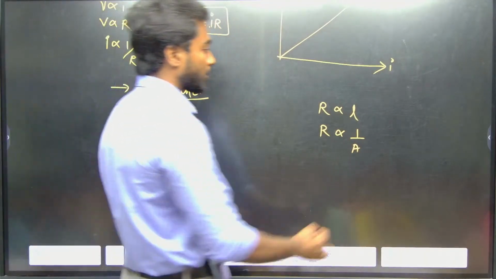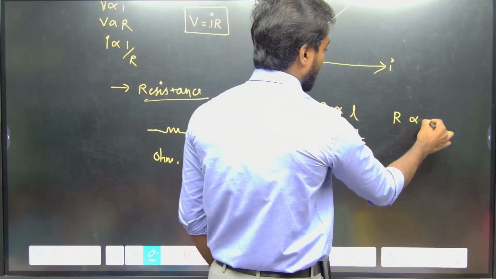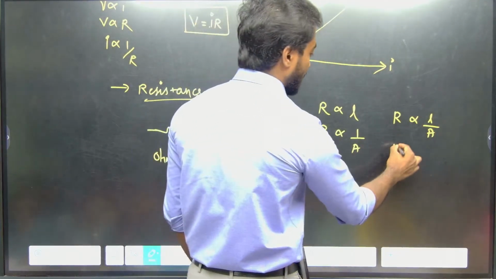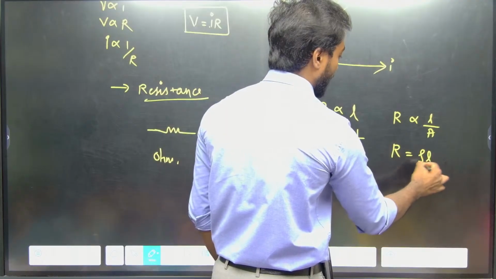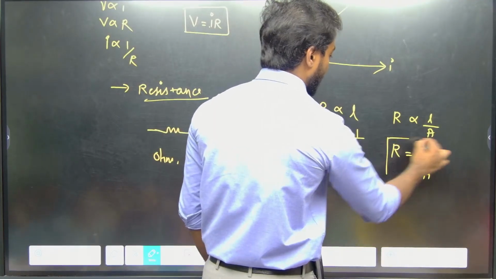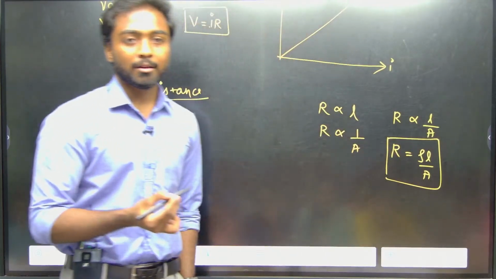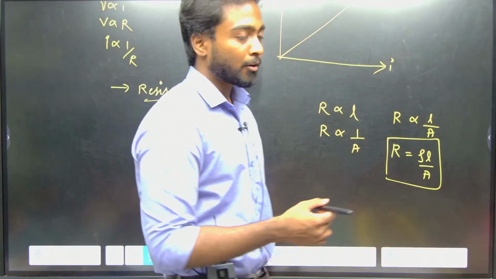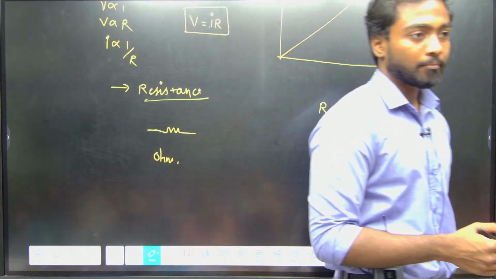If I club together, R is directly proportional to L and inversely proportional to A. To remove the proportionality, R is equal to rho L by A, where R is resistance, L is length, A is area of cross section, and rho is resistivity.